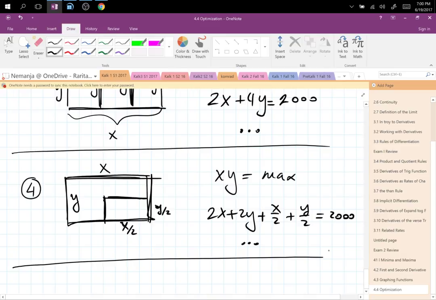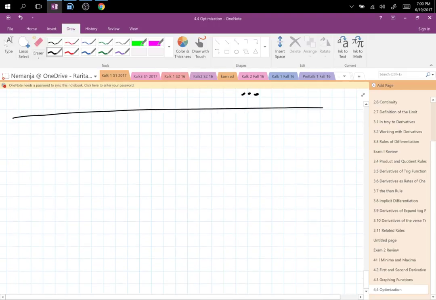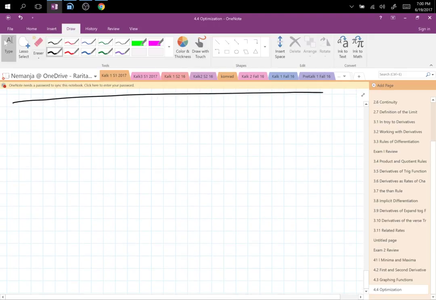What I want to talk about in the last 20 minutes is to show how powerful this stuff is. It's a business problem. Let's say we have the oil rig. This is the shore, this is the sea.